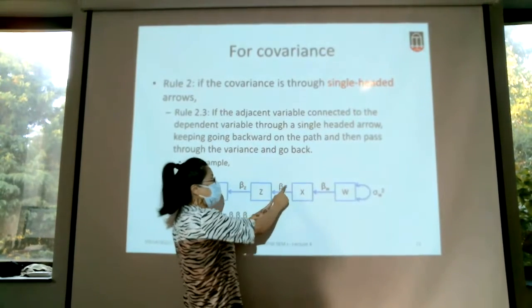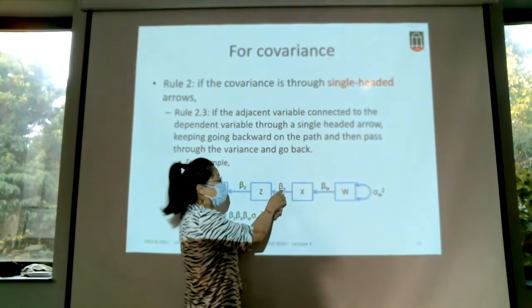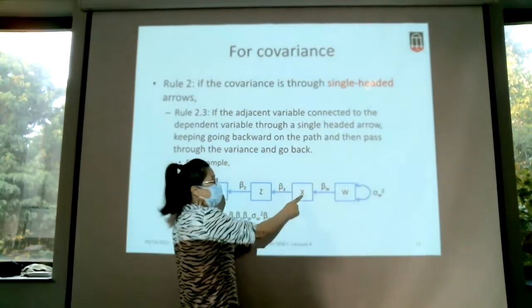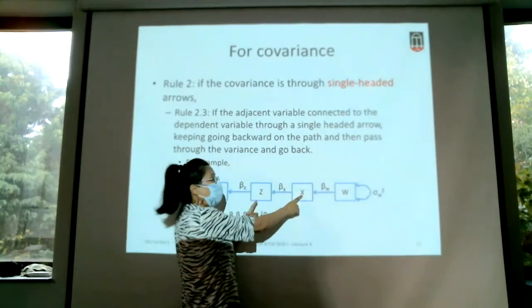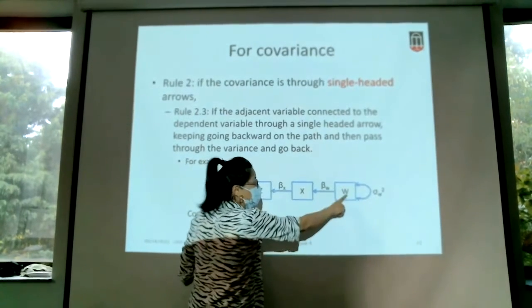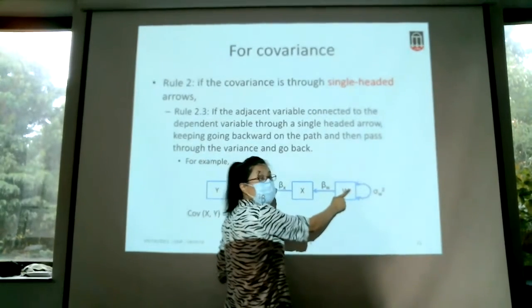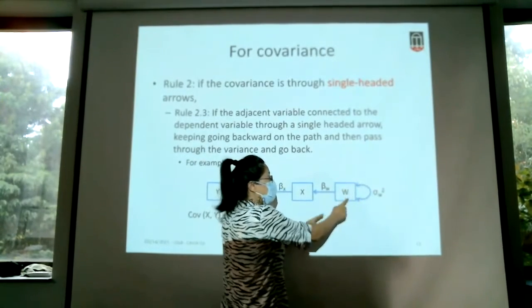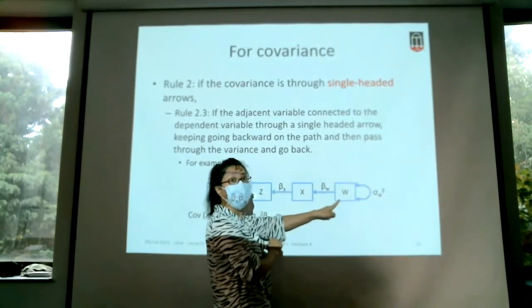And this is another coefficient. You're going to multiply this coefficient. But you cannot just stop here. This is not the end of the story. You have to go back to W. And then there's a variance of W. And then W is not your endpoint. You have to go back to X.